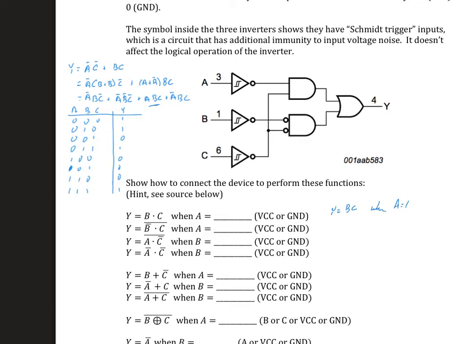And so the other three terms in Y would give you 0. So when A is tied to 1, or in other words, when A is VCC, the maximum voltage applied to the circuit, then from the perspective of B and C, this circuit looks like B ANDed with C.